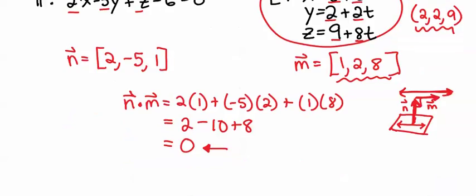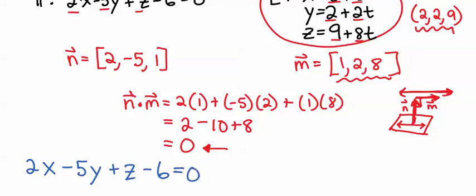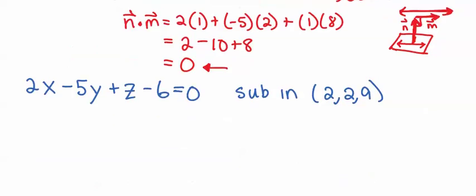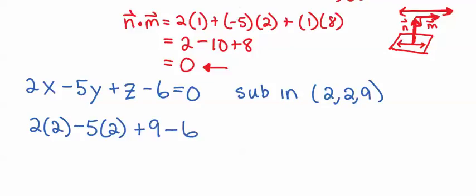So I'm going to take my plane, 2x minus 5y plus z minus 6 equals 0, and I'm going to sub in my point 2, 2, 9 and see if it's actually on the plane. So 2 times 2 minus 5 times 2 plus 9 minus 6.